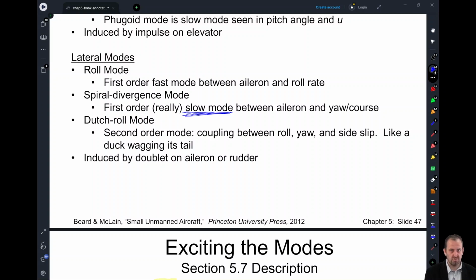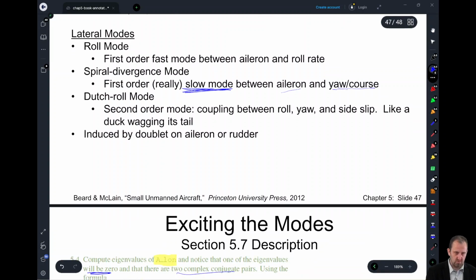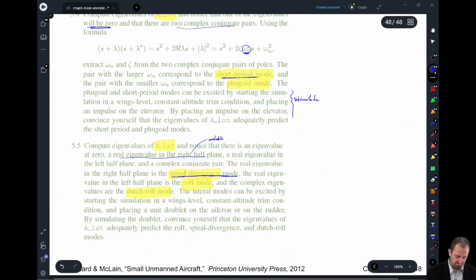So we can execute for a while without deviating too much, right? But we will deviate eventually. And it's between the aileron and the yaw on the course angle. So once we excite the aileron, then we'll start to see this divergence.